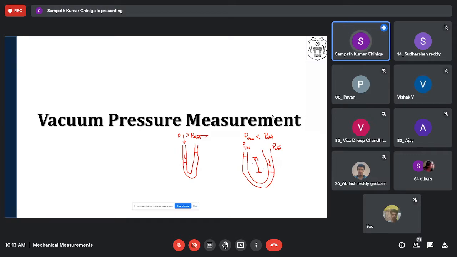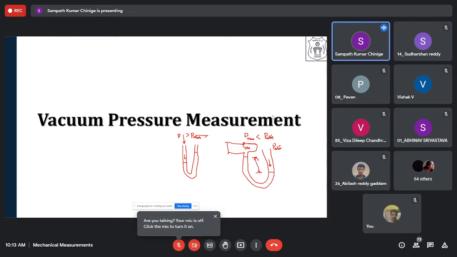Here we have a manometric liquid. We have atmospheric pressure acting, and the other side is directly connected with the vacuum. So the problem, as I have talked about, is that if I am connecting this with a pipe or chamber for which I am finding out the vacuum, it has to be foolproof. That means it has to be sealed properly. That is the disadvantage with this.